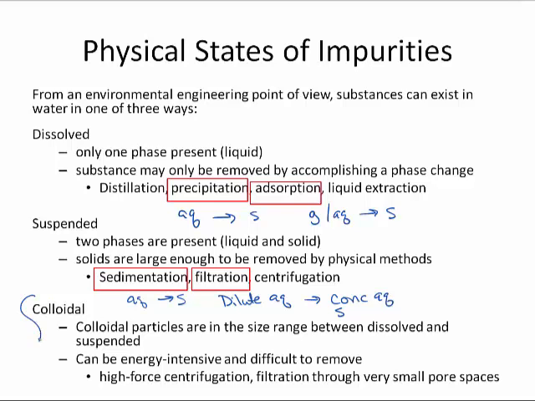Colloidal particles are extremely difficult to remove, and so you'll see here that I haven't highlighted any of these options as common. In reality, what we'll see is that we try to change the colloidal state to a suspended state and remove it either through sedimentation or filtration. And we'll return to that in water treatment.